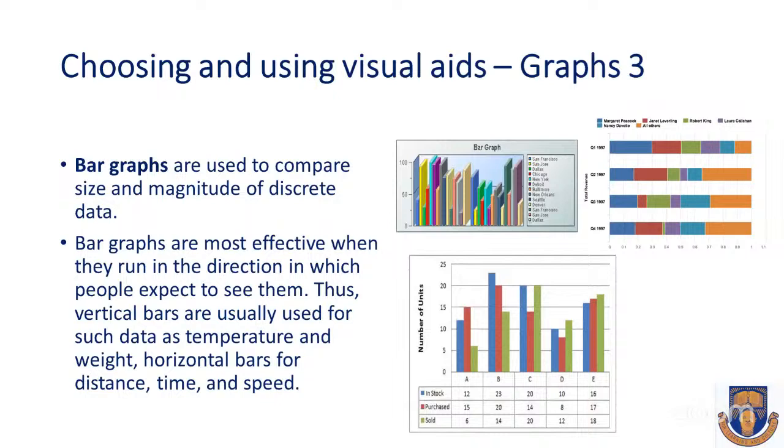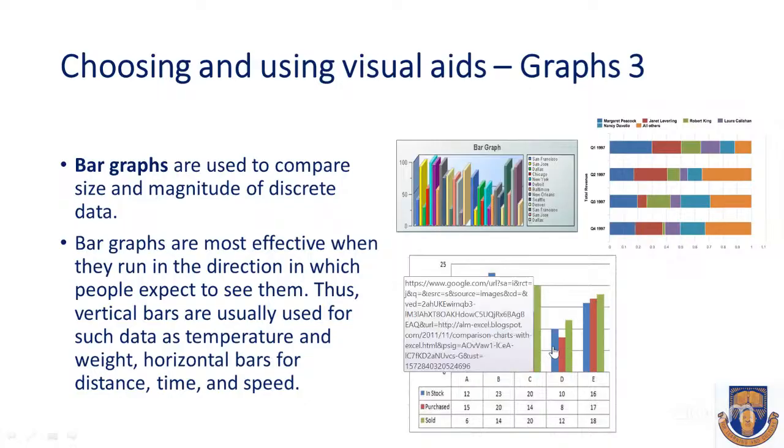So I already mentioned bar graphs, what bar graph speaks to. So these are different bar graphs. It can be horizontal or vertical. And there are three major types of bar graph.